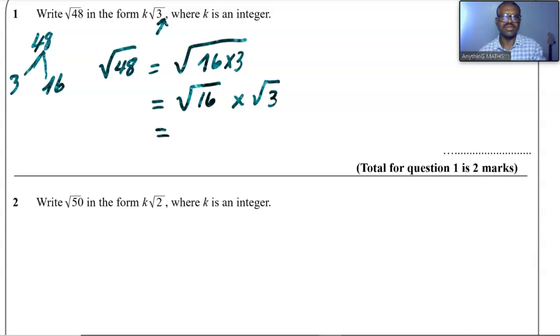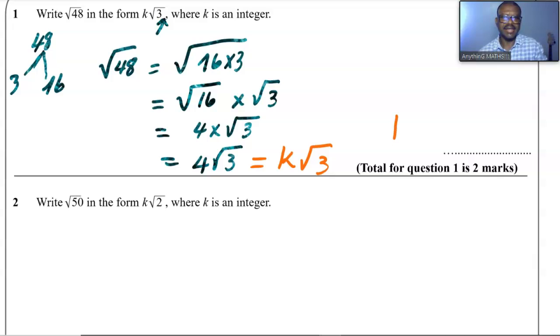And then root 16 is 4 times root 3. Eventually, you can write 4 root 3. When we compare it with what we've been asked to find, we can see that now k is 4.